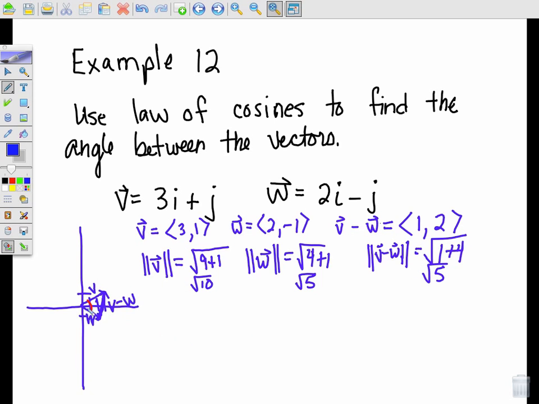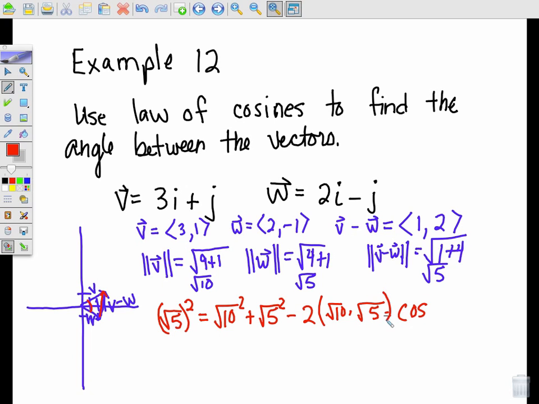All right, now in order to find the angle between, I start with its opposite side. So my formula is going to start with this opposite side right here, this vector, which is the square root of 5 squared equals the square root of 10 squared plus the square root of 5 squared minus 2 times the square root of 10 times the square root of 5 times cosine of my angle.